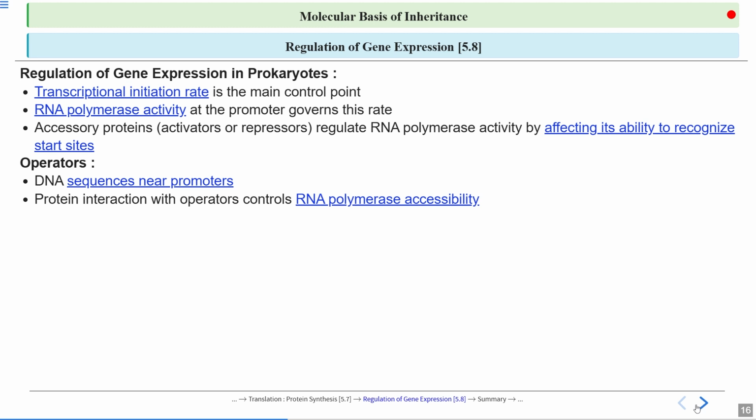How? By affecting its ability to recognize the start site. Now here we are talking about the operator, which is a DNA sequence near the promoter, and this operator can interact with protein, and that can control the RNA polymerase accessibility. That is how this RNA polymerase is accessible.